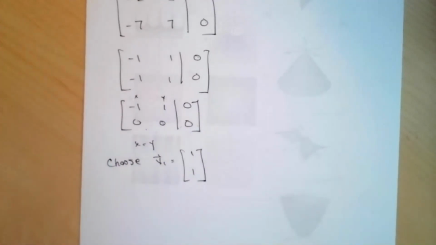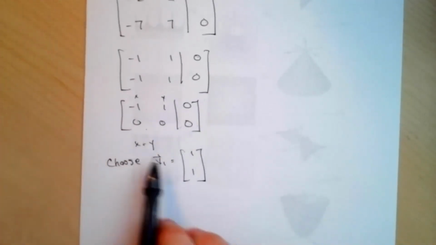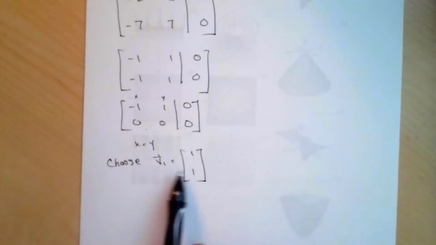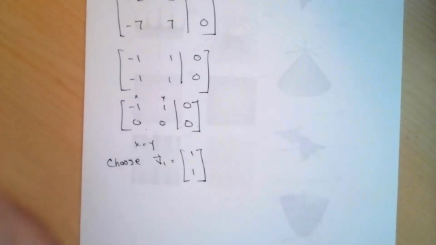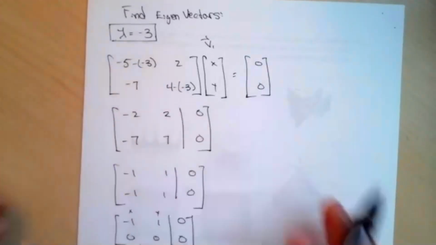Or any scalar multiples of that. You could choose 1/2, 1/2. You could choose 10, 10. You could choose -1, -1. As long as we are in that same direction as this vector, all essentially corresponding to the same dimension that corresponds to this -3 eigenvalue.